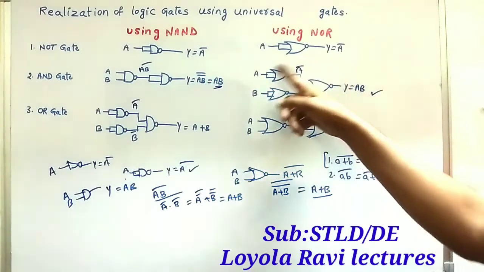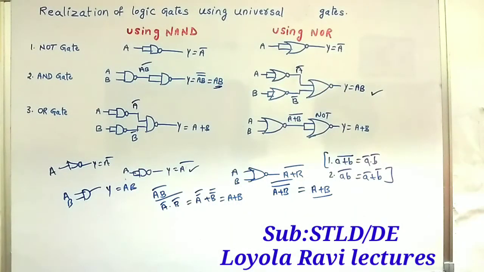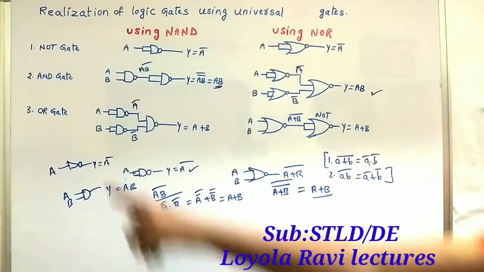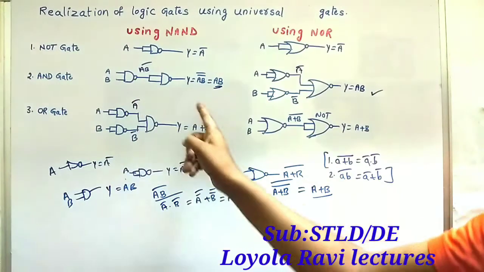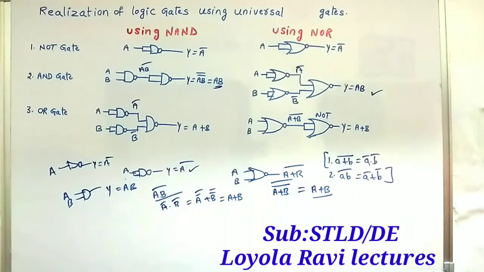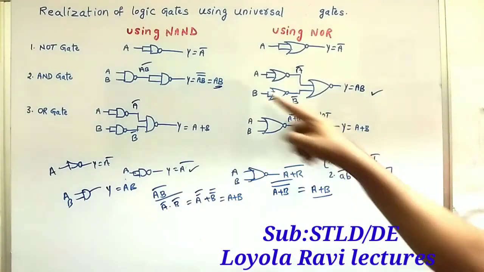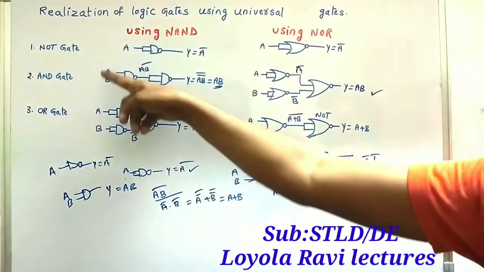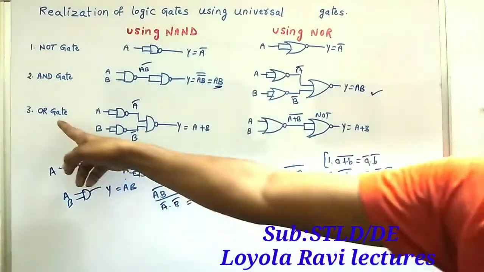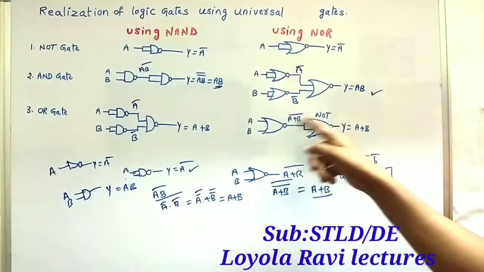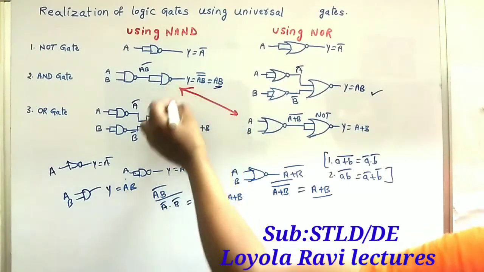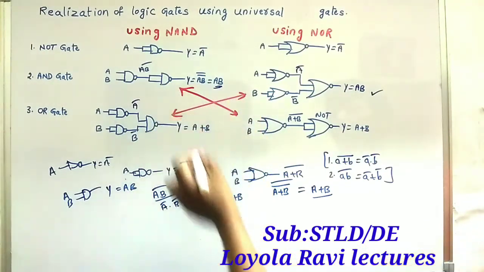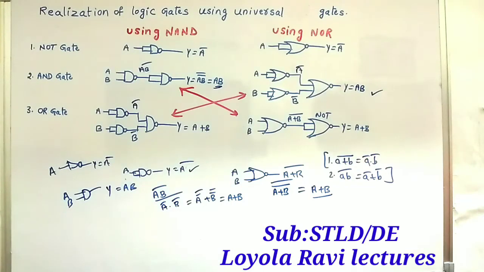For the AND gate implementation we need 3 NOR gates; don't confuse. For the OR gate implementation we need 3 NAND gates. For AND using NAND we need 2 NAND gates, and for OR using NOR we need 2 NOR gates. These two are similar, and these two are similar. For remembering purposes I am giving that clue; actually, that is not required.